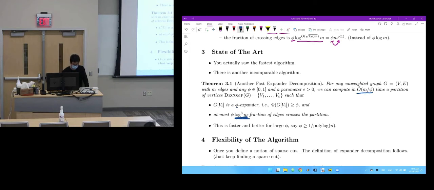It still depends on phi. But this is faster actually when phi is big, and this is usually what we care about anyway. Like we want to find an expander decomposition where each expander is a good expander.